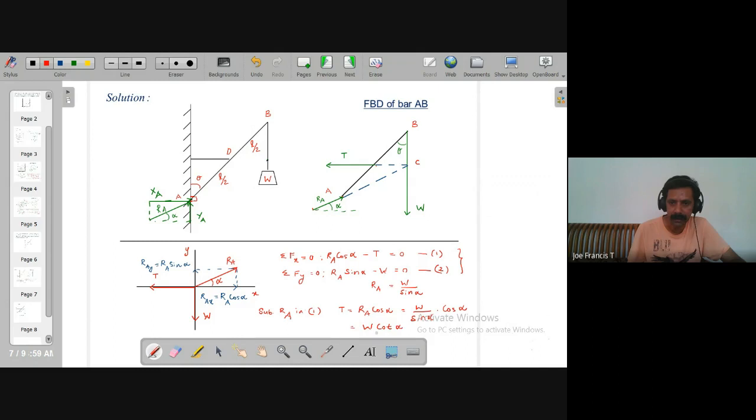So this is the value for T. This is how you find T, but the problem here is we don't know this value of alpha.